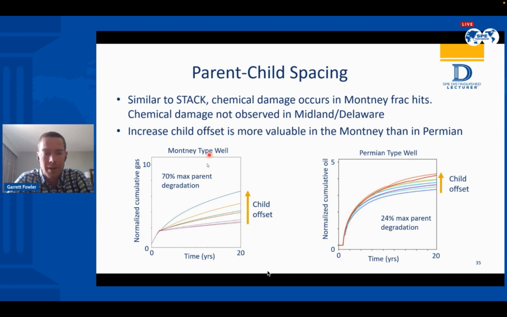You can see here in the Montney, there is far more degradation from an unbounded well all the way down to the tightest well spacing, if this damage is occurring. Versus the Permian, the degree of degradation is much lower and then imparts a different optimal strategy.